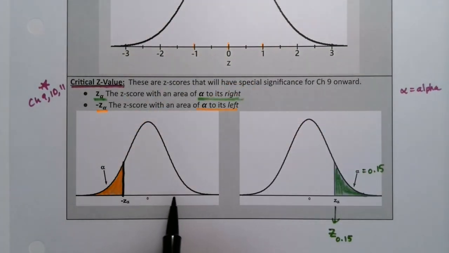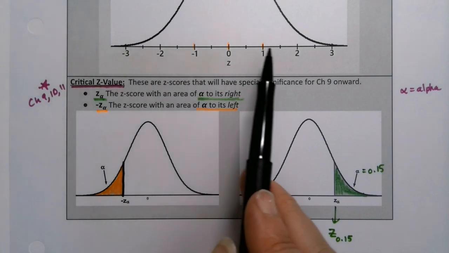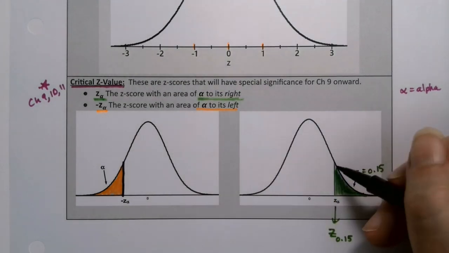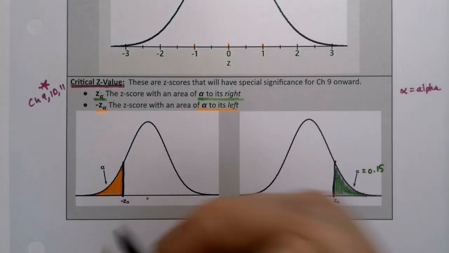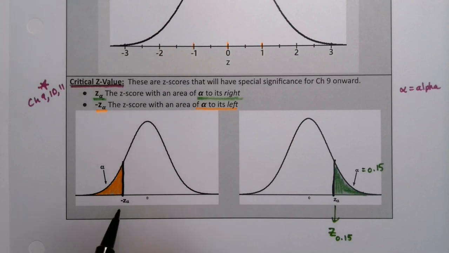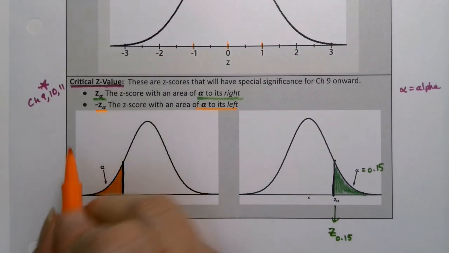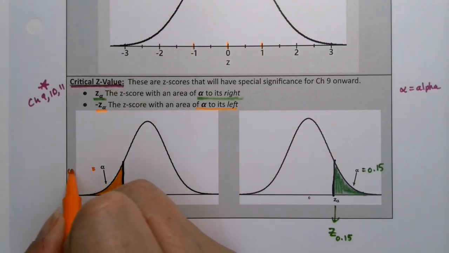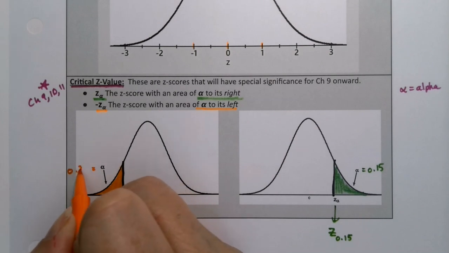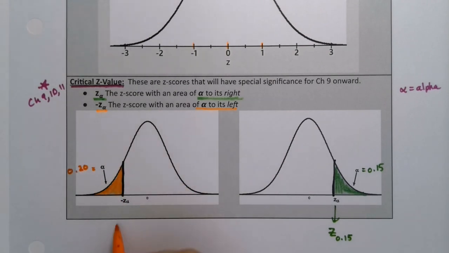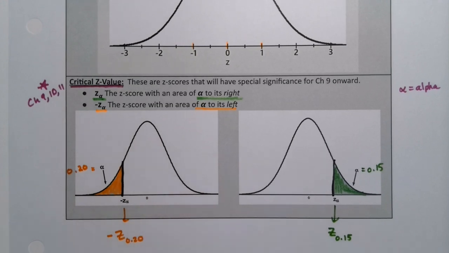These are Z values down here, right in here. Those are Z values. So this line right here is at positive Z alpha. This line right here is at negative Z alpha. For example, suppose that this alpha over here was 0.20. Then this would be negative Z with a little 0.20 subscript, below script.